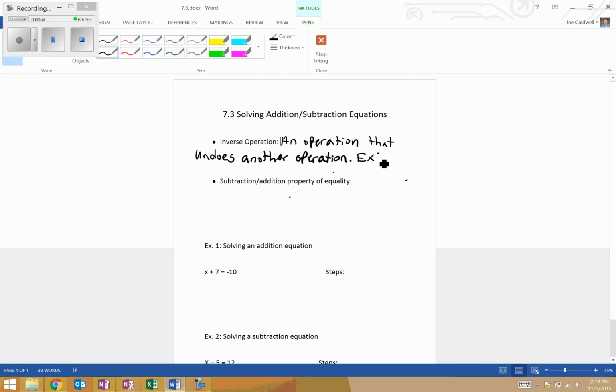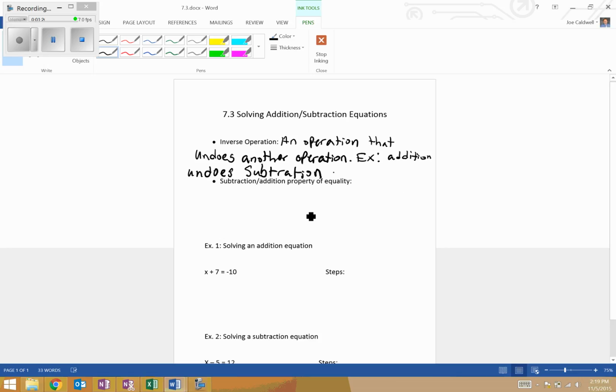An example of that would be addition undoes subtraction. So if I would add 2 to something and then immediately take 2 away, it would be like it never happened. It would undo it. Okay, so just get that written down. That's called an inverse operation.